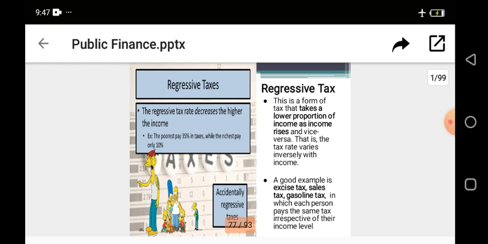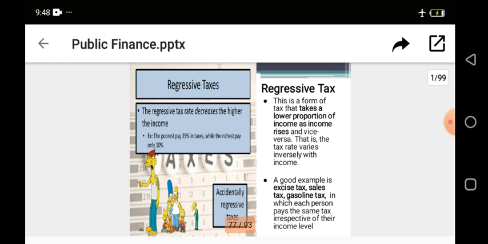Now, from the note, you can see it says it's a form of tax that takes a lower proportion of income as income rises. So it's a tax system that as your income rises, you pay less as tax. So there is an inverse relationship between your tax rate and your income, a negative relationship. And a good example of such tax is your excise tax, your sales tax, your gasoline tax, in which each person pays at the same rate, irrespective of their income.